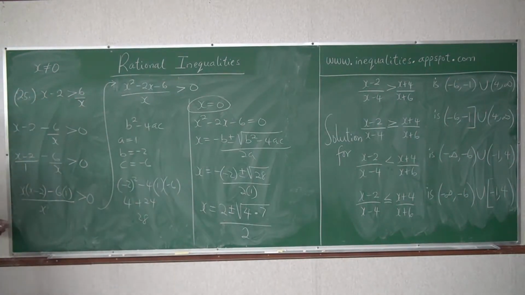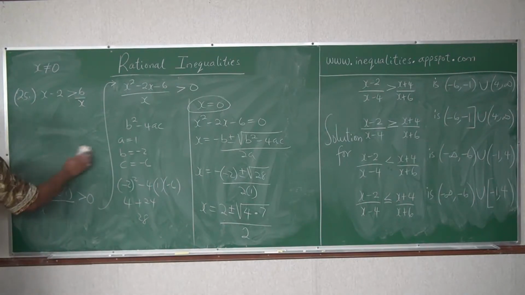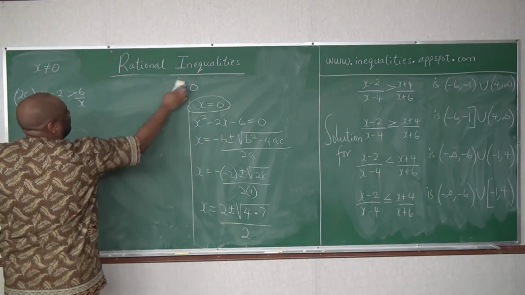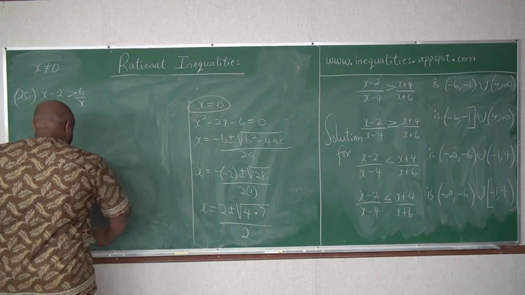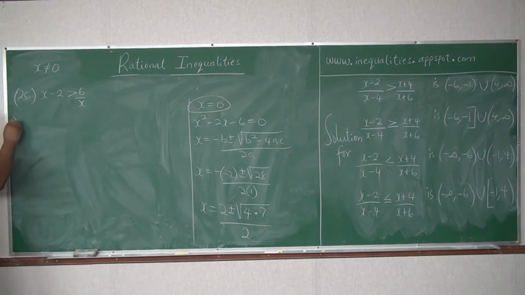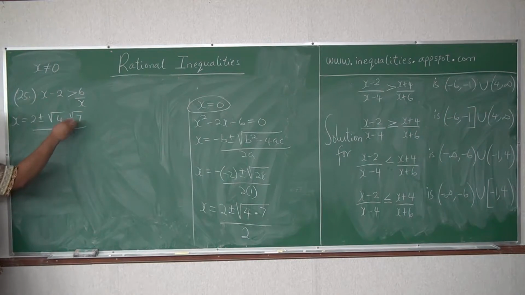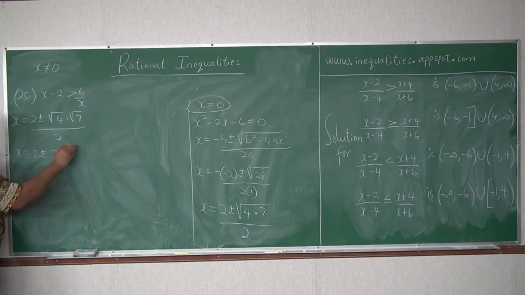Remember, this is one of our test points. All right, folks, let's finish this up and get the other test points. I'm going to erase this here to have space. Now x will be 2 plus or minus square root of 4 times square root of 7 over 2. So x will be 2 plus or minus 2 square root of 7 over 2.